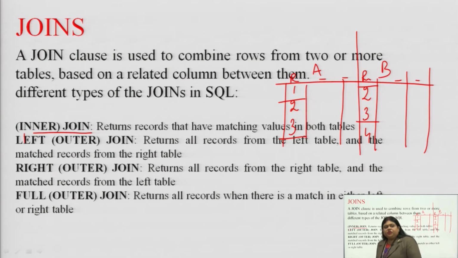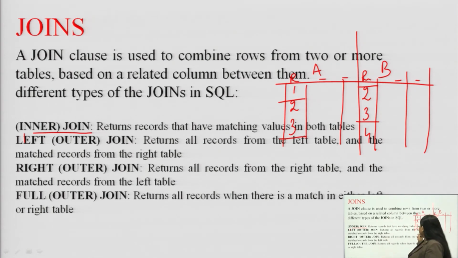Now, let us talk about the next one, that is the left outer join. What happens in a left outer join? It returns all the records from the left table, whatever we have on the left hand side, and it returns only those records from the right table which are a perfect match, right.